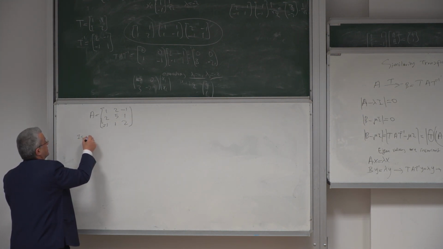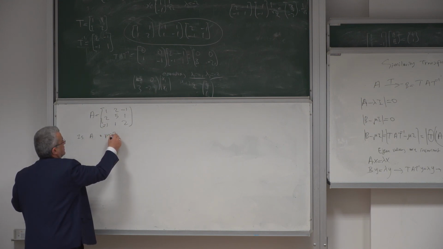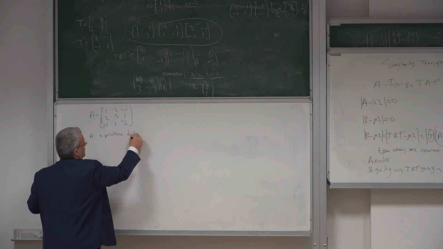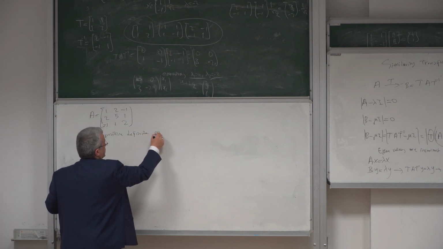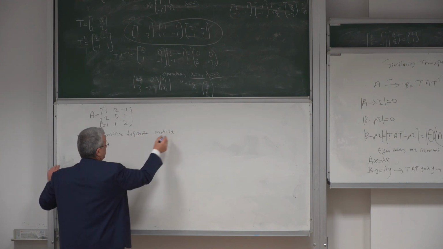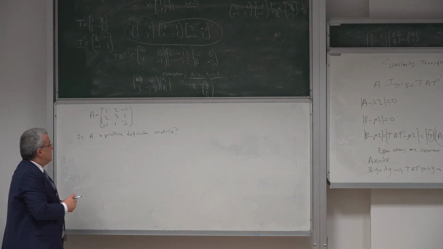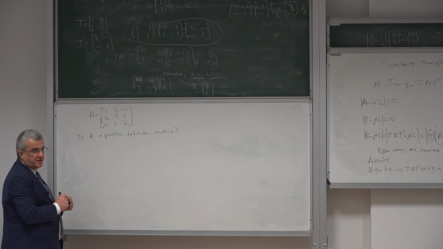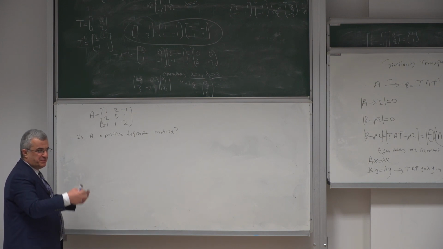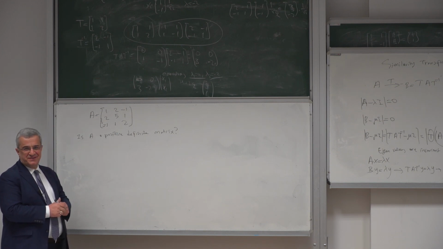Is it a positive definite matrix? How would you go about this? I prefer Gaussian elimination from double side, Cholesky decomposition. Okay? Let's just go through that.